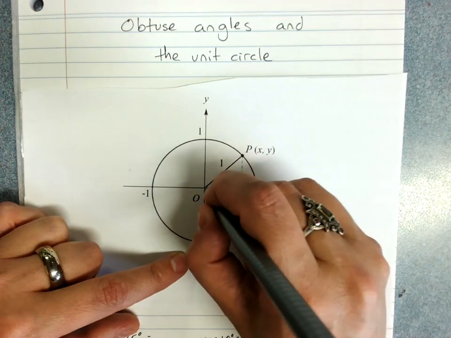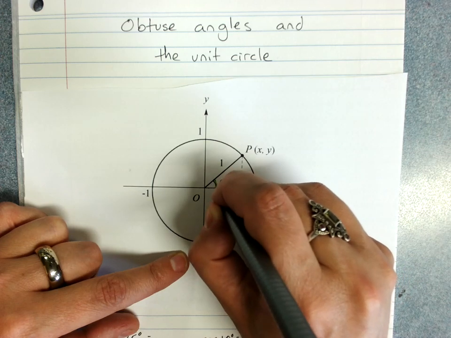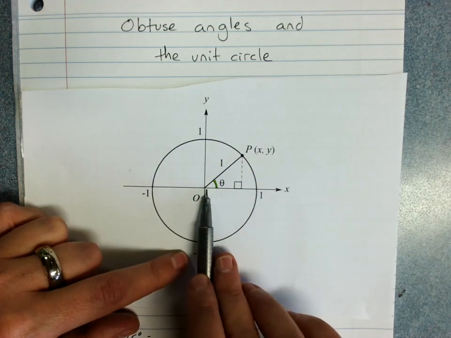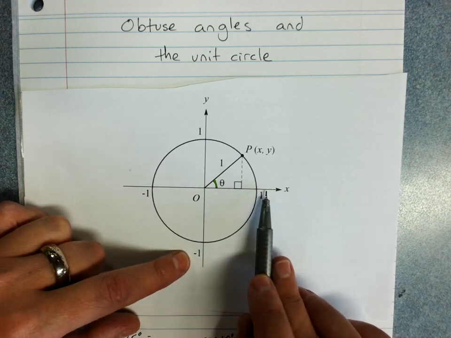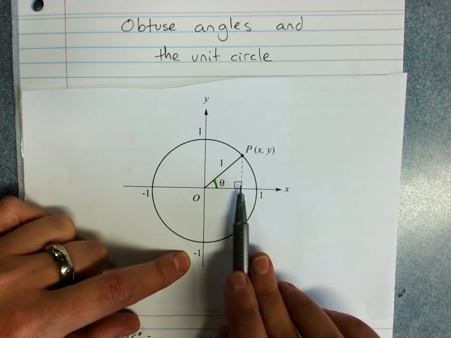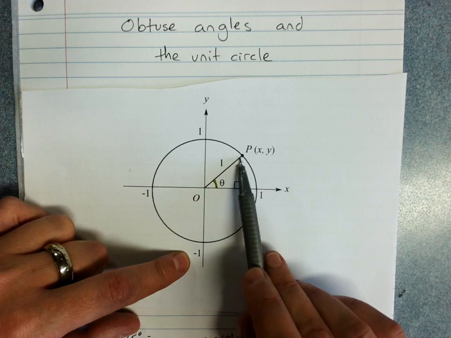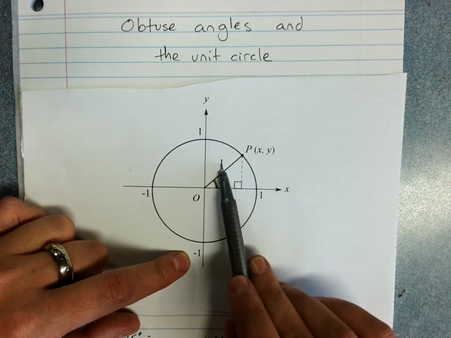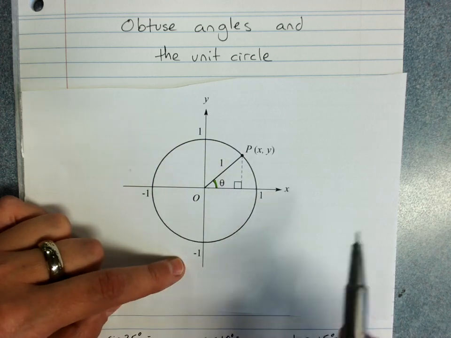And the angle is defined as the angle anti-clockwise around from our x-axis, from the positive x-axis. So here is our angle. Here is our hypotenuse leading up to this point, which you can see is 1 because it's a radius of the circle.